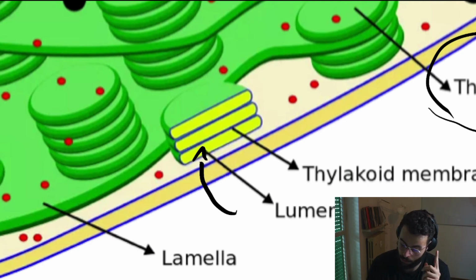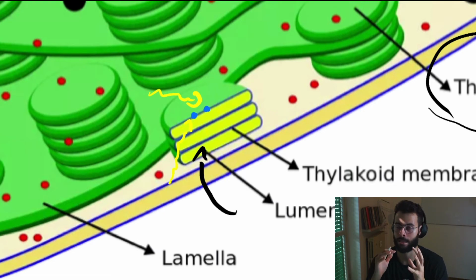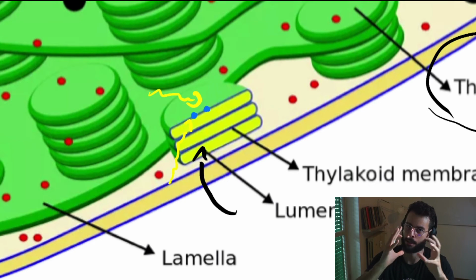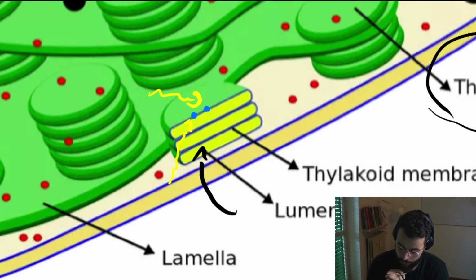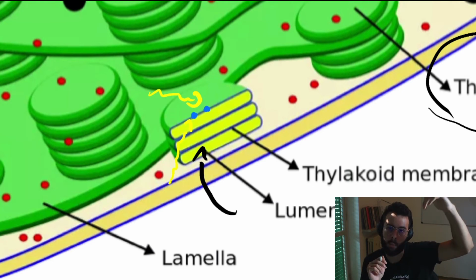In the next video you are going to see that on the thylakoid membrane you have different proteins. And these proteins can absorb photons from the sun. They can harness the sunlight and cause the excitation of electrons inside this protein and the structure, the chlorophyll, which we are going to study in the next lessons. Once the electrons go back to their stable state, they release energy.